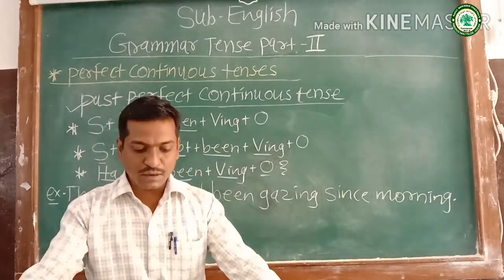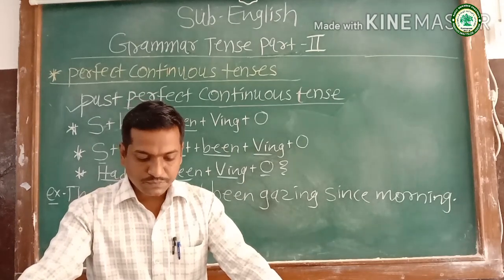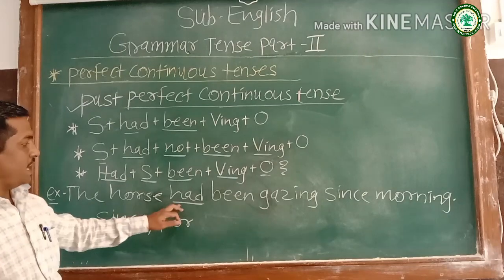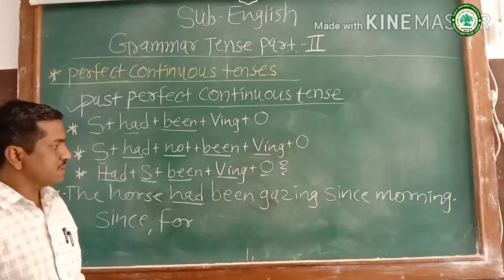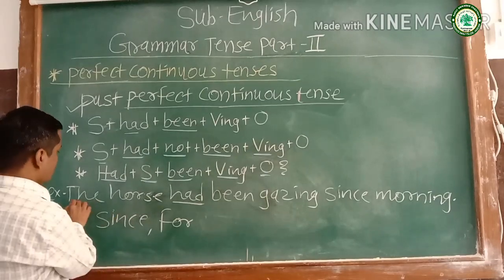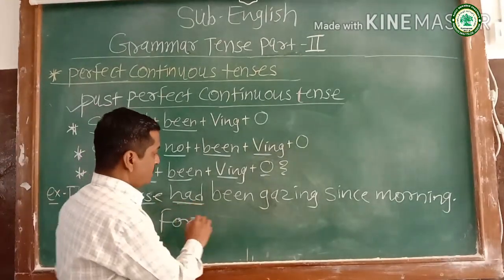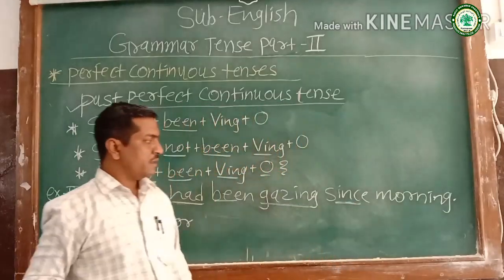There is one example of past perfect continuous tense: the horse had been gazing since morning. In this sentence you can see the subject, that is horse, the helping verb, that is had, then been gazing since morning.